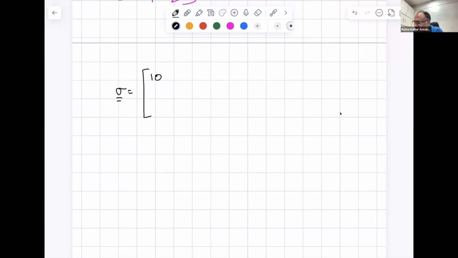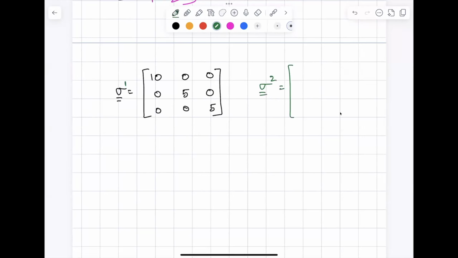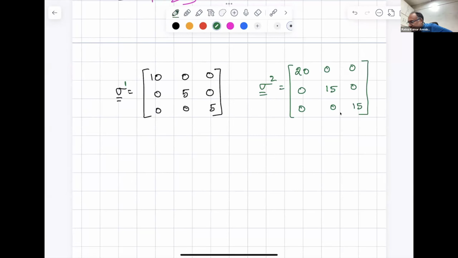I can write in any frame of reference, but principal frame of reference is easier to deal with. Okay, this is one stress state. I am writing another stress state. Now looking at these stress states, which one is closer to yielding?